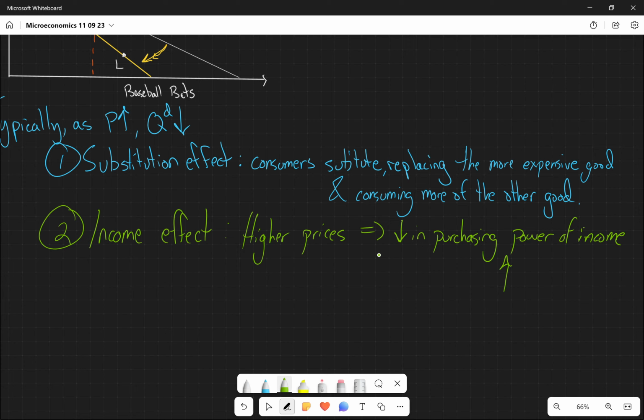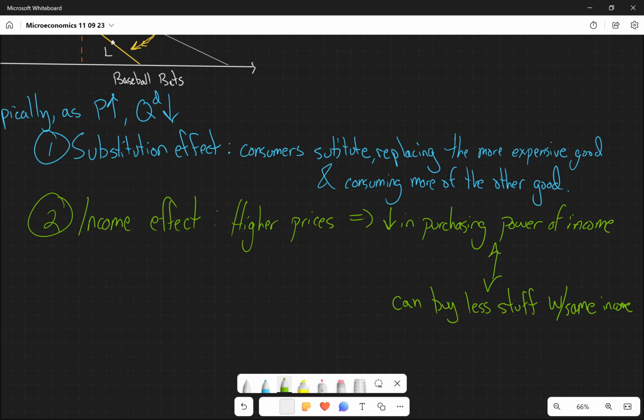So this is another way of saying that you can buy less stuff with the same income. So even though your actual income hasn't changed, the buying power, the purchasing power of your income, the amount of stuff you can actually buy has decreased.